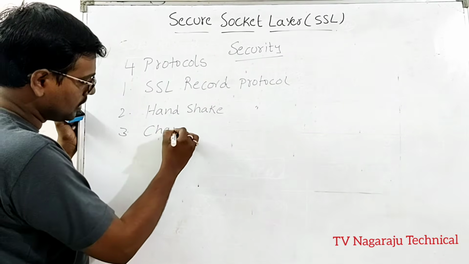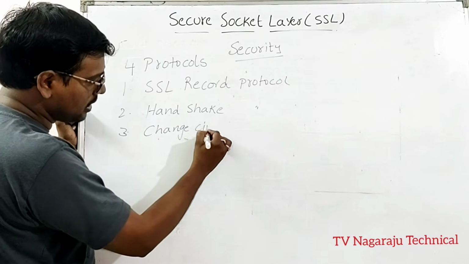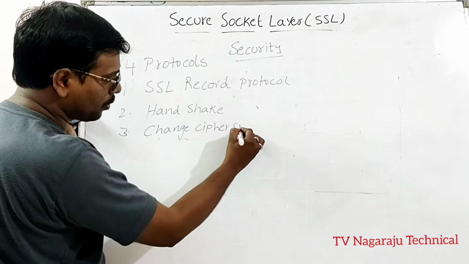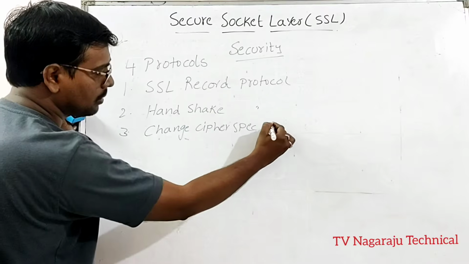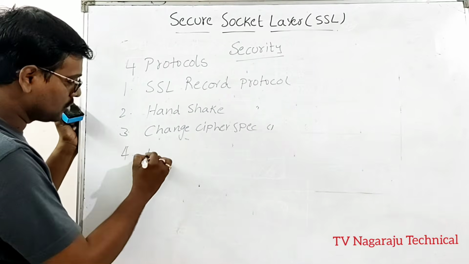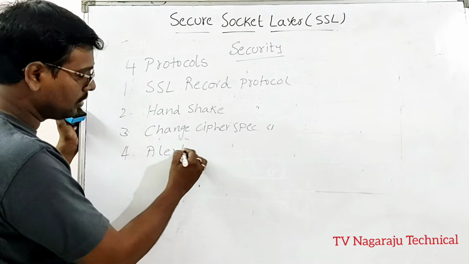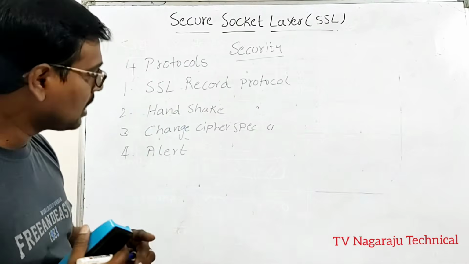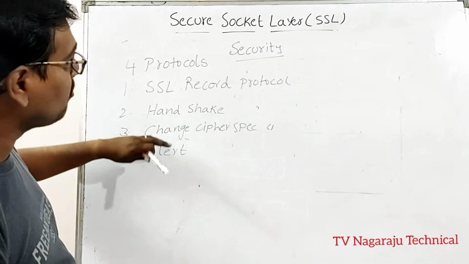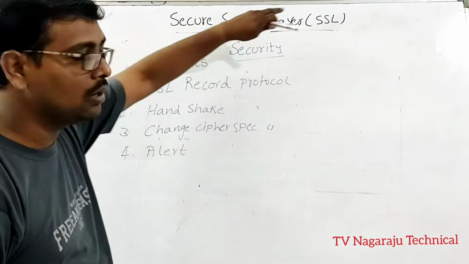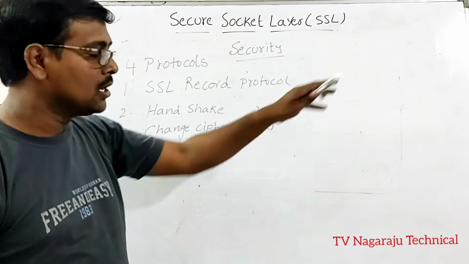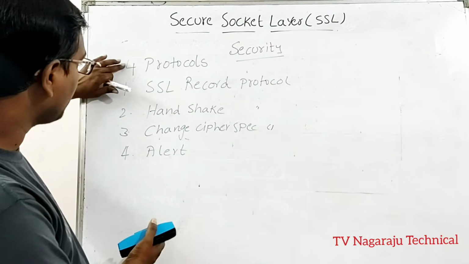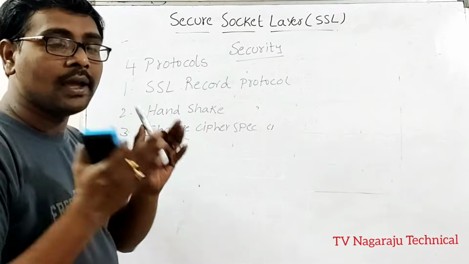The third one is the Cipher Spec protocol. And the last one is the Alert protocol. These are the four different types of protocols available under SSL. For your understanding only, I have written 1, 2, 3, 4.